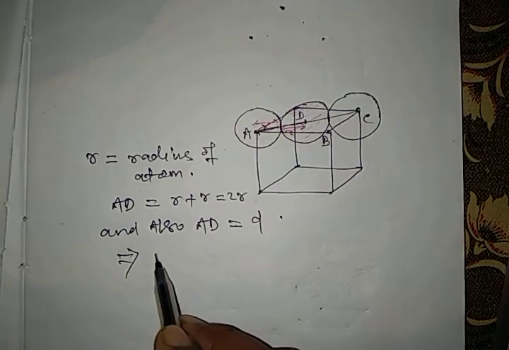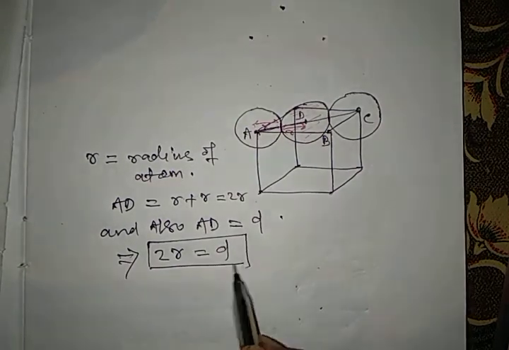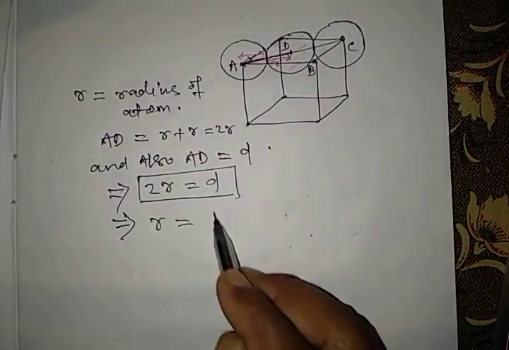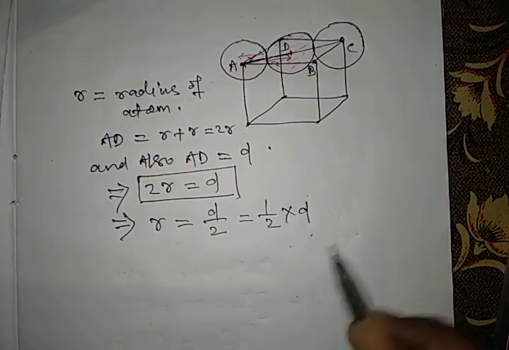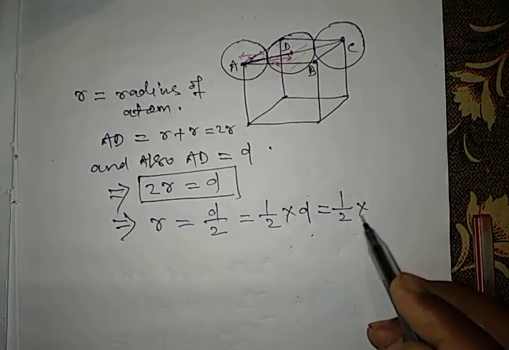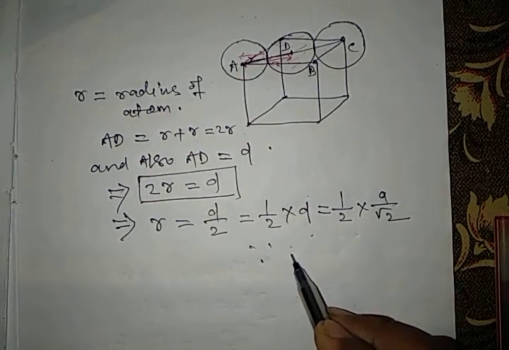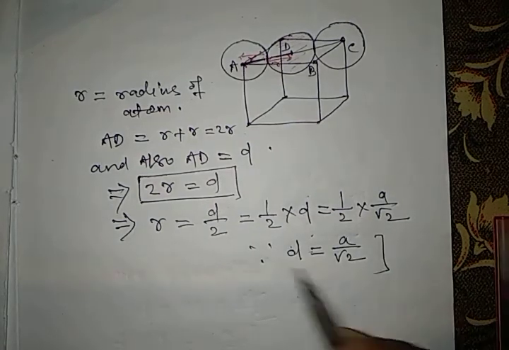Okay, that implies 2r equals d. That implies r equals d by 2, which is half into d. This is half into a by root 2, because we calculated d equal to a by root 2.